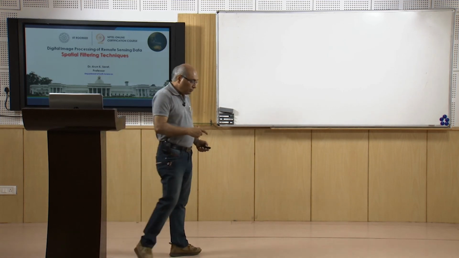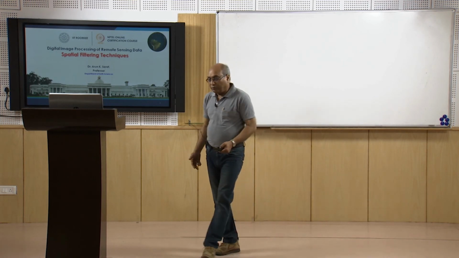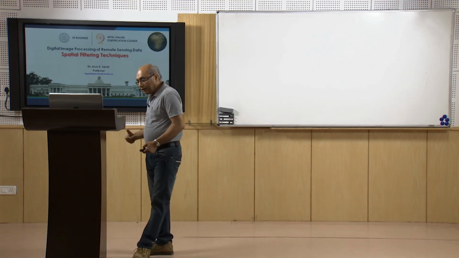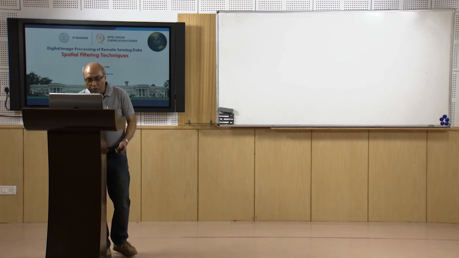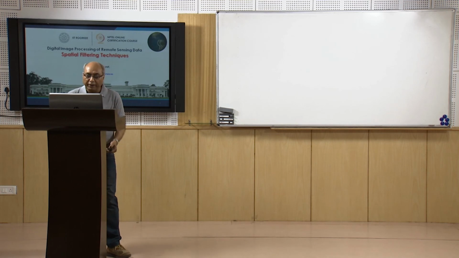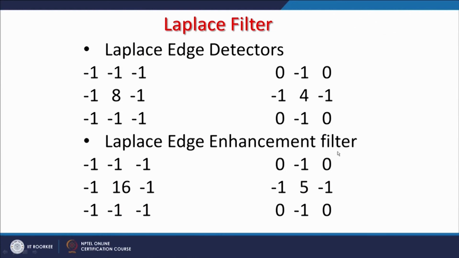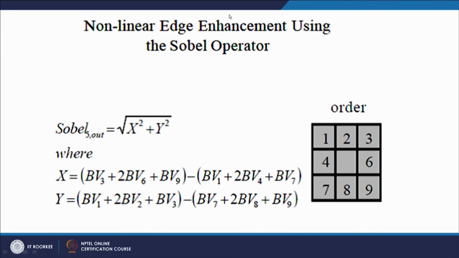Now, once the concept of spatial filtering was introduced, there is no limit, and one can keep involving more permutations or combinations within 3x3 or 5x5. So there is an example of Laplace edge detectors, Laplace edge enhancement filters, where different weightages are assigned to different cell values of the kernel. This is nonlinear edge enhancement using the Sobel operator.